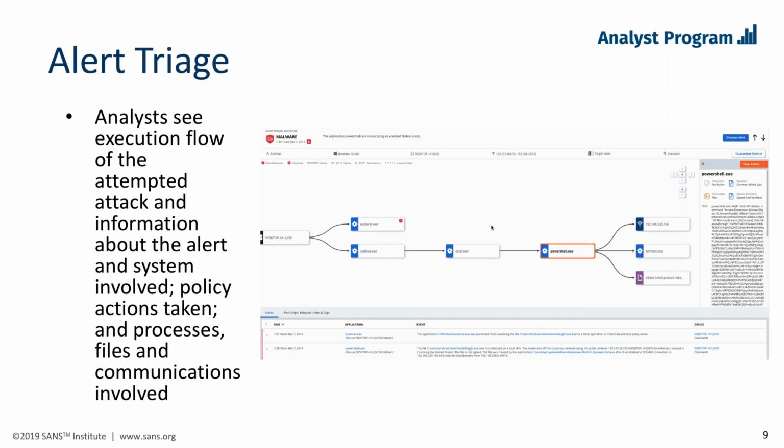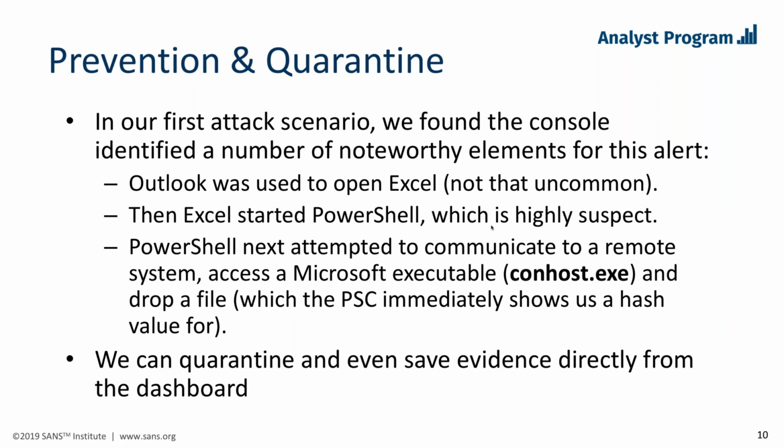And so, of course, we want to go and dig in and find out whether there's any communication that's being attempted or processes that are being started or files that are being dropped. Those kinds of things all matter. But the level of detail is enormous. And we can click into pretty much any place in here and dig in further to find out more details about exactly what's going on as needed. But this is always going to be my starting point as an analyst. Let's dig in. Let's find out what's actually happening in this environment.